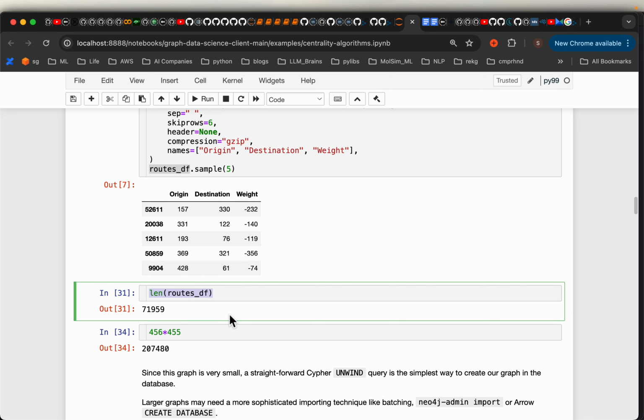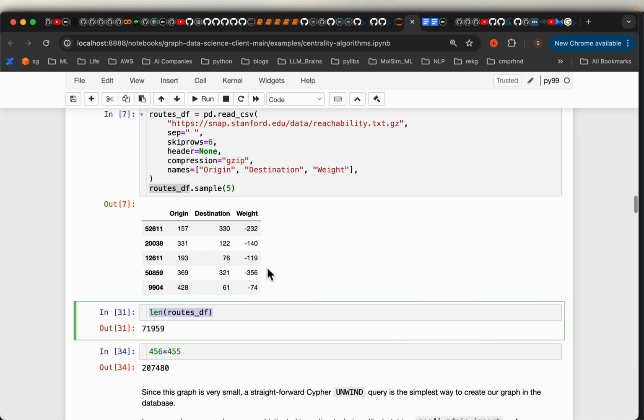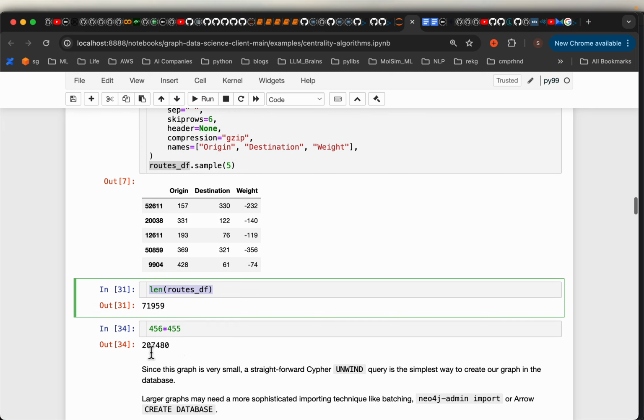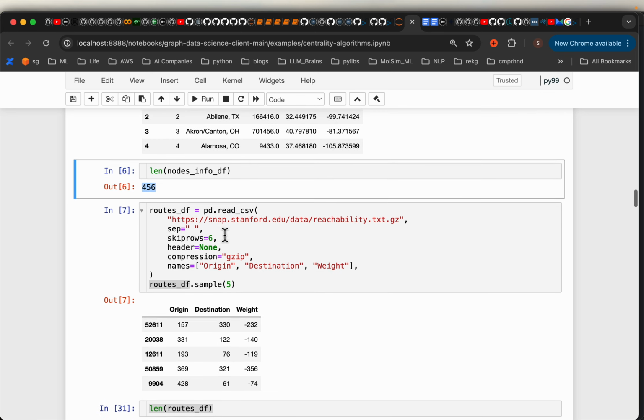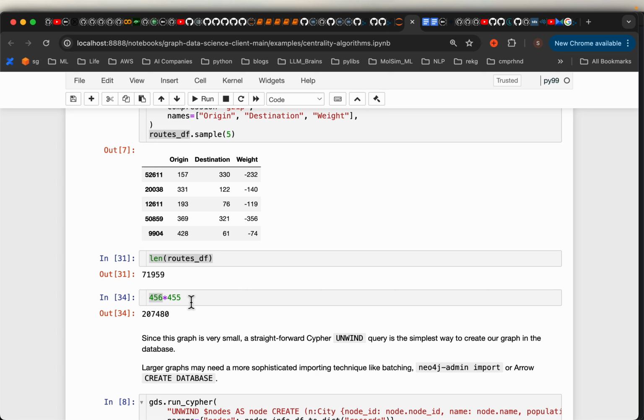Now, if there is a direct flight from every city to every other city, to and fro, we would have 200 plus thousand direct flights, right? Because we have 456 cities. From every city, if there is a flight to every other city, that would be n times n minus 1, right?